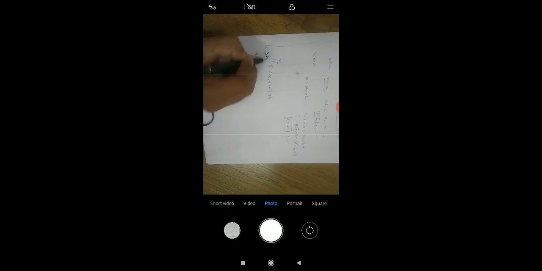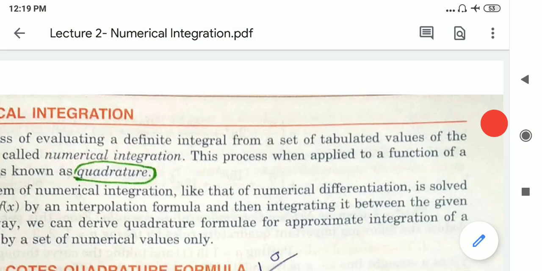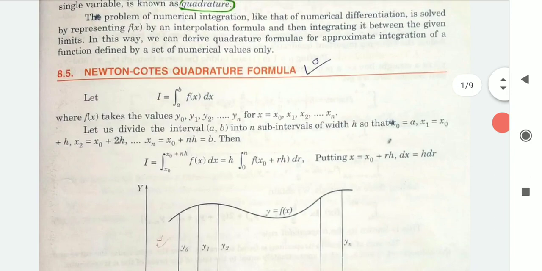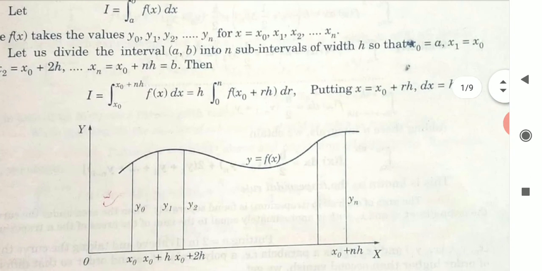This is the justification of that step. I hope it is clear now. So the integration from x naught to x naught plus nh f(x) dx will be converted to h into integration 0 to n f of x naught plus rh dr using this substitution.